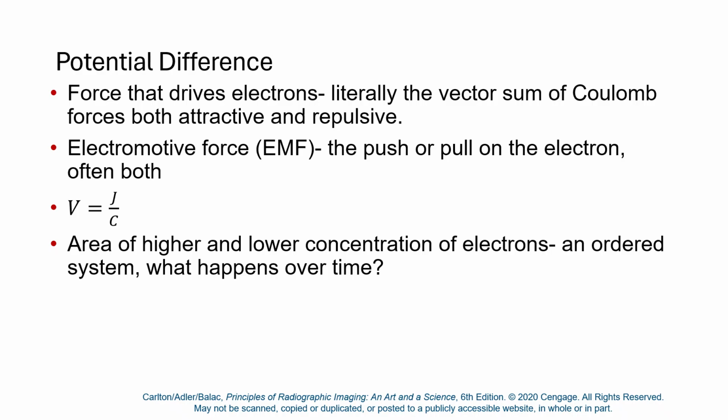Areas of higher and lower concentrations of electrons, an ordered system. What happens over time? Oh, law of thermodynamics, entropy. We have a sorted system. So if we create in our electric circuit bunching up of electrons in one place and an absence of electrons in another place, well then, as time progresses and the electrons have a pathway between those 2 points, they're going to tend toward disorder.